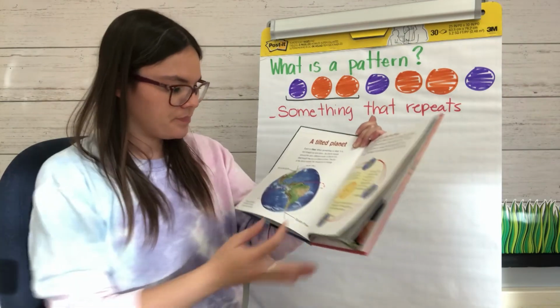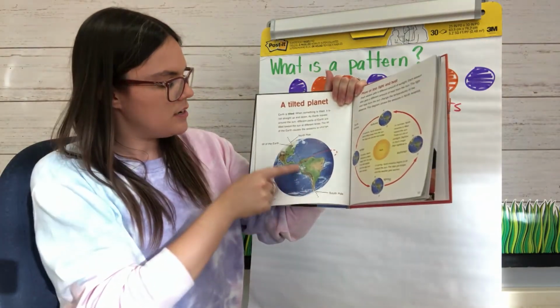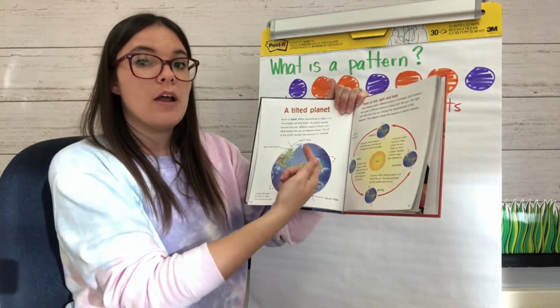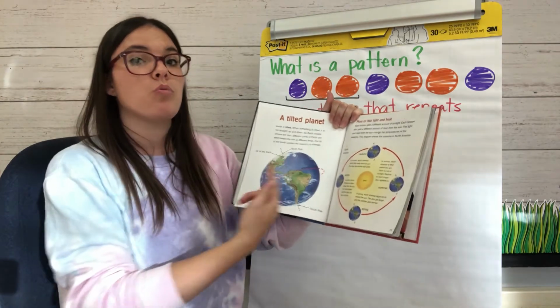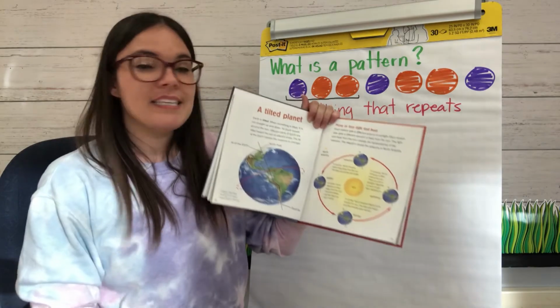Oh my goodness. So here is kind of where the Earth is tilted. And then you see that it's not only revolving, but it's also rotating. So two R words.